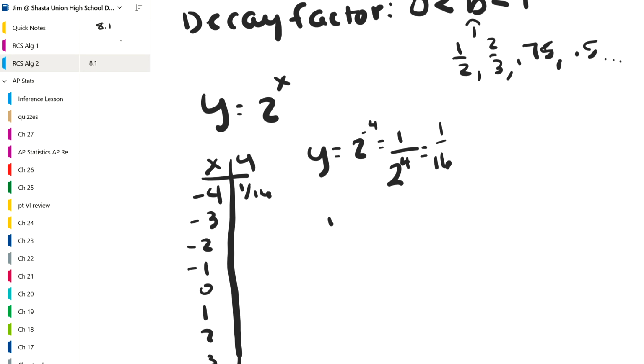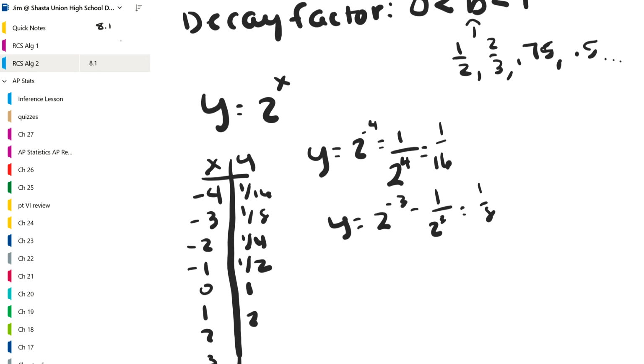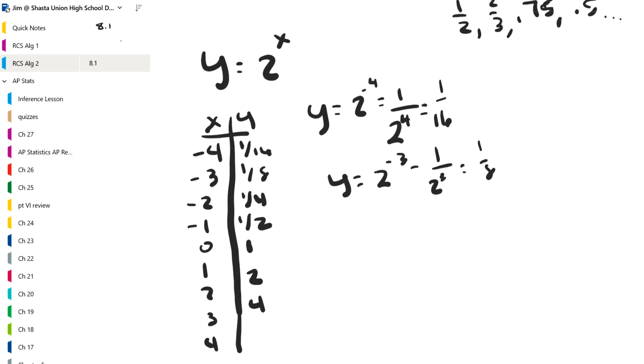Yes, Mrs. Bigelow. Okay, y equals 2 to the -3rd is 1 over 2 to the 3rd, which is 1/8. And we keep going, and it's 1/4, 1/2, 1, 2, 4, 8.